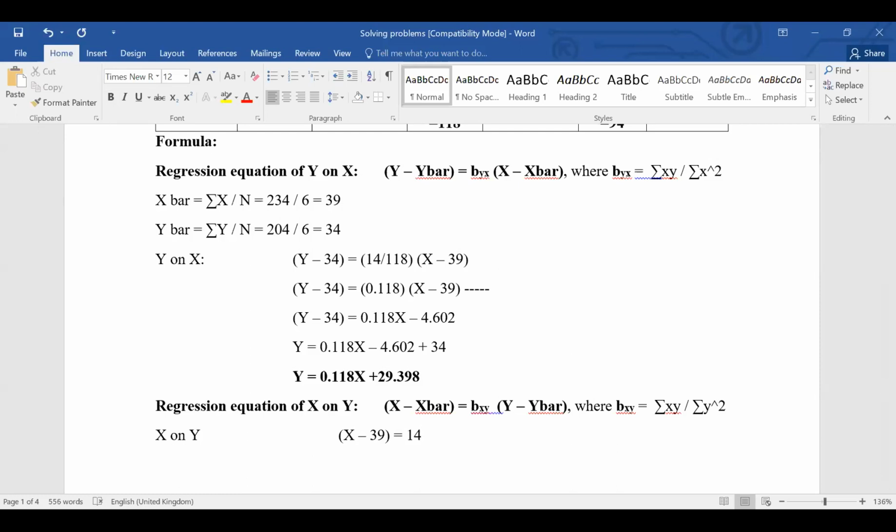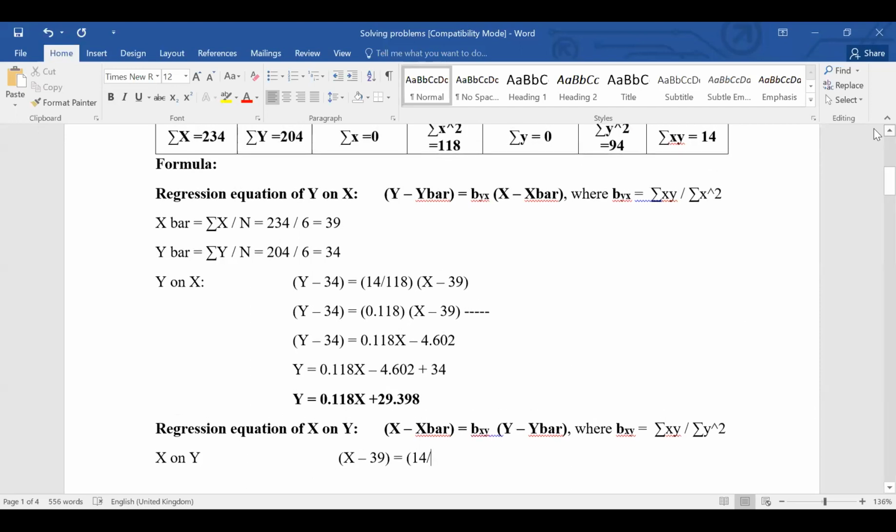So 14 divided by, what is the summation y square value? 94 into y minus, what is y bar value? 34. Okay, now we can substitute the value and find out x minus 39 equal to 14 divided by 94, 0.149 you will get, into y minus 34.